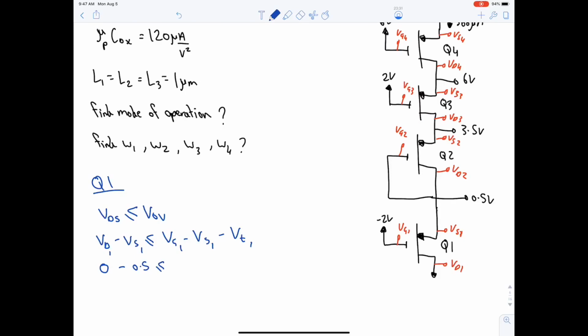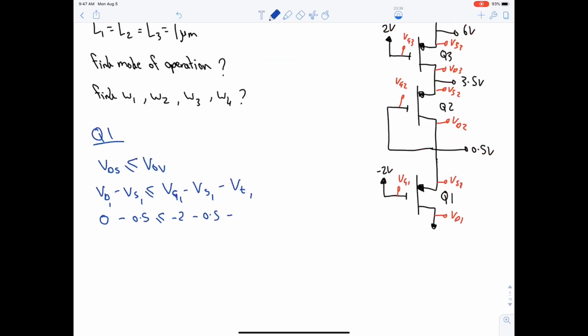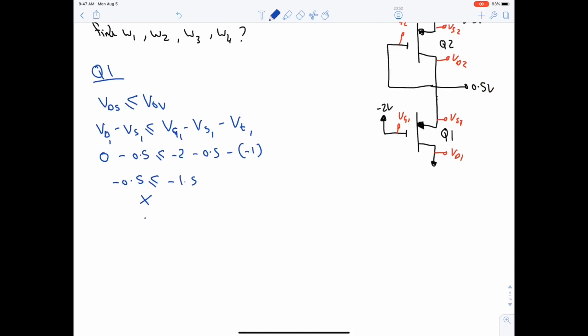VG1 is minus 2. VS1 is 0.5. VT1 is minus 1. Okay, so is minus 0.5 less than or equal to minus 1.5? No. Therefore, triode.